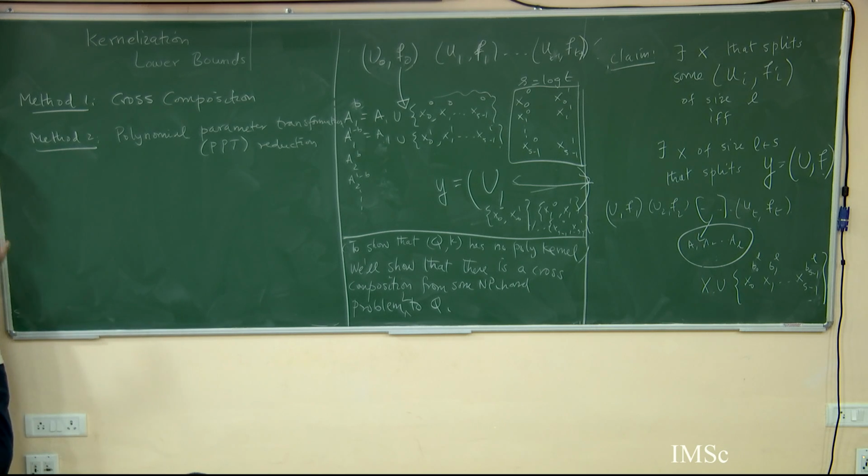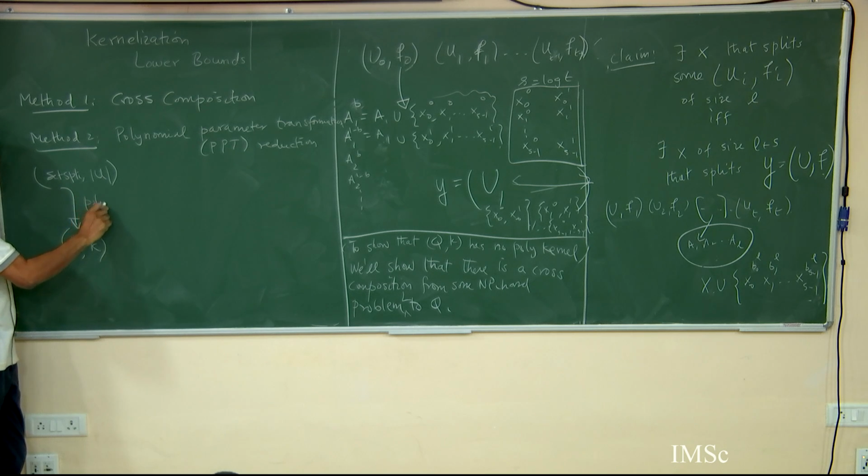Now, you can guess what is going to happen, right. So, you want to show that your problem QK has no polykernel under whatever that assumption is. So, what do you do? Somebody has already shown that set splitting has no polykernel under this parameter, which is the universe size. So, you start from set splitting, size of the universe is the parameter. You spend poly time because we are all in the poly time algorithm world. What else should happen? Exactly, that is it.